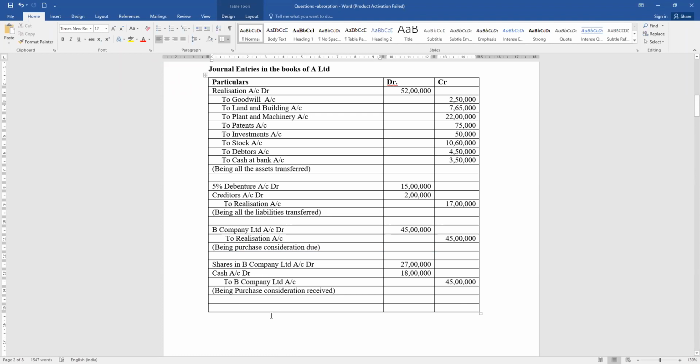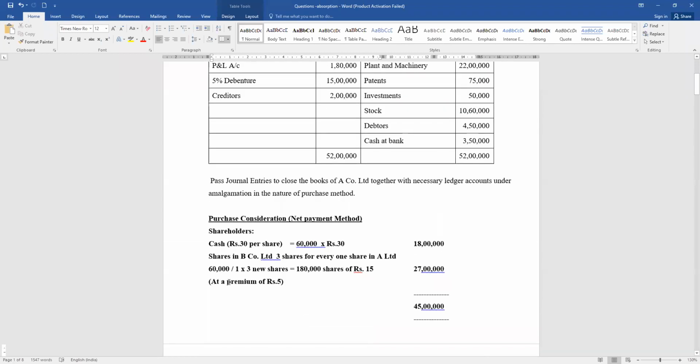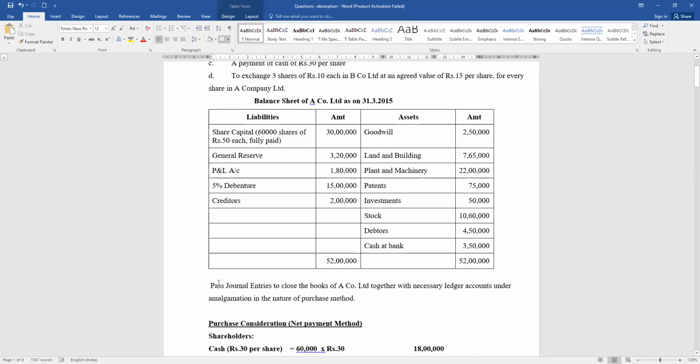You can use any narration. Okay. Next, after receiving this, you have to see whether there are any preference shareholders. If preference shareholders are there, you have to transfer the preference share capital to the preference shareholders account and settle them. If those people are not there, then whatever remains should be transferred to equity shareholders.